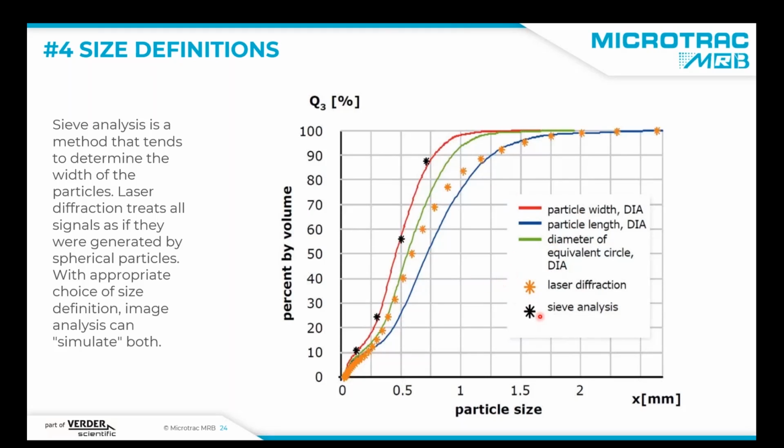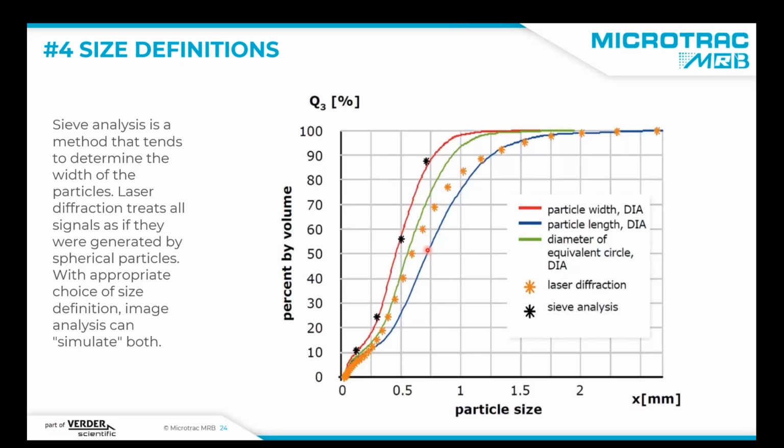And laser diffraction, because it relates all scattering data to spherical particles, is much closer to this equivalent circle diameter, the blue curve, but it also approaches the blue curve of the length, because the length is treated as if the length of the particle would be just a big sphere.